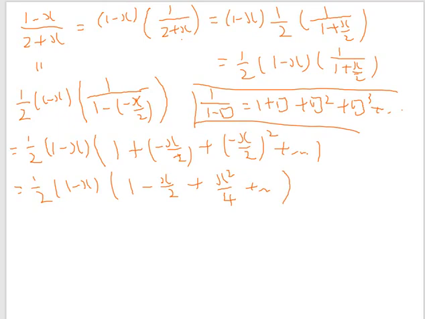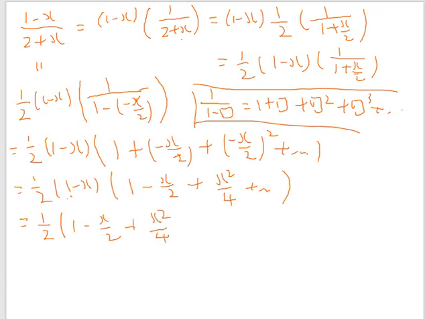And then you just do an expansion. You just expand 1 minus x with the expression we have just found, 1 minus x over 2 plus x squared over 4. So you take 1 multiplied by 1, 1 multiplied by minus x over 2, 1 multiplied by x squared over 4.